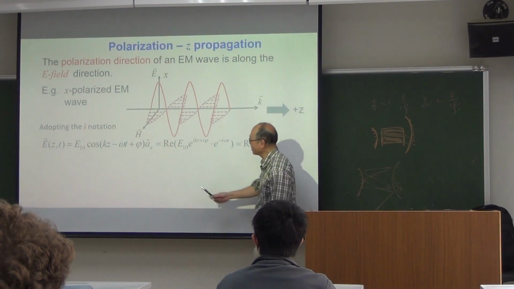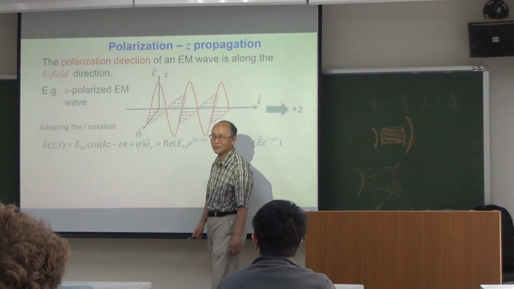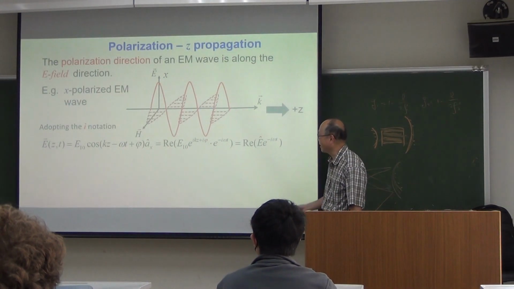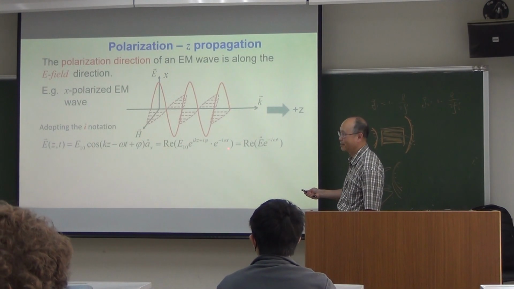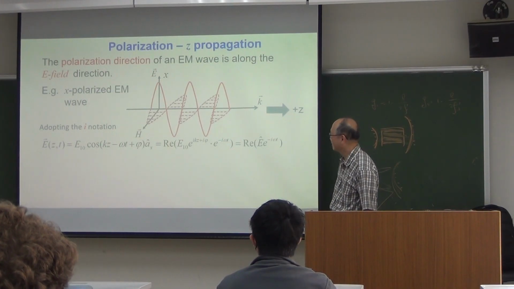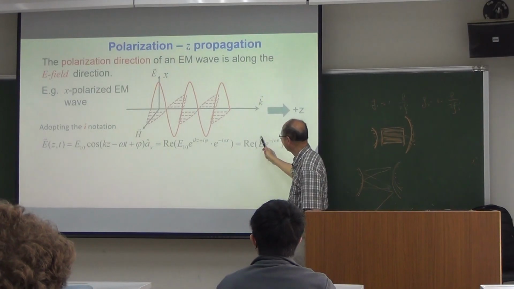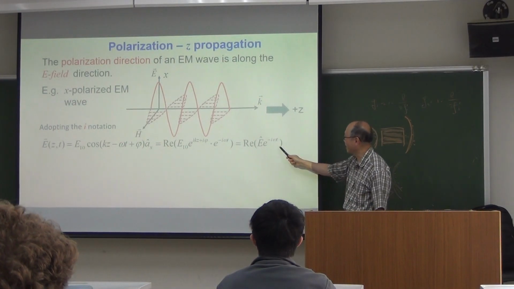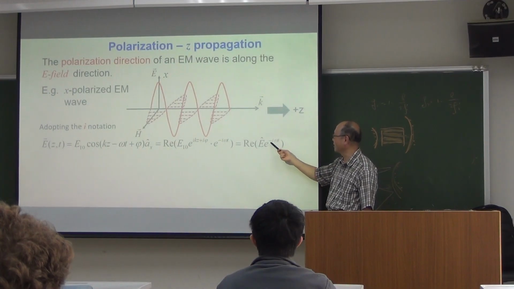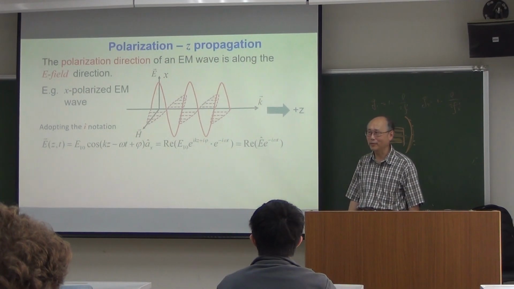So now we move this kz in front, and then put omega t in the back, and say that I can write it like this. Nothing wrong with this calculation, everything is correct. I extract this and call this the phasor. But now my angular frequency has a minus sign in front of it.